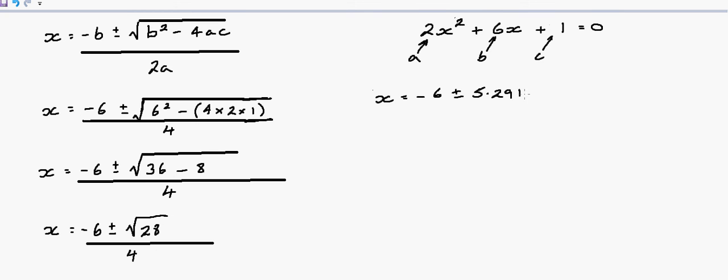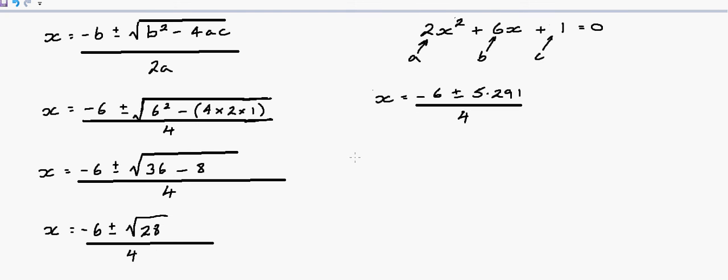And again that's still all over 4. So we've got plus or minus 5.291. I tend to go 3 or 4 decimal places because I'm a pedant, really.